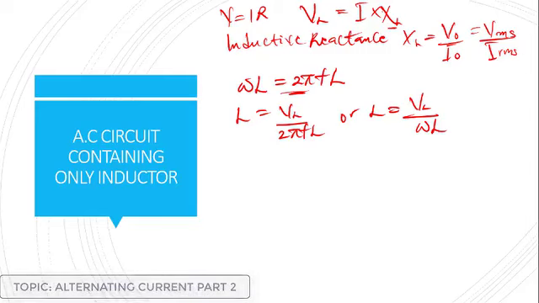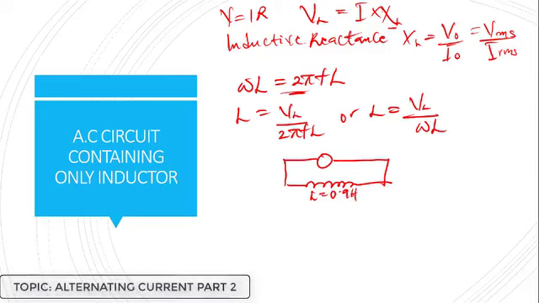Let's say we have a simple circuit drawn like this, and then we have the inductor connected here, and the value of this inductor is equal to 0.9 Henry.